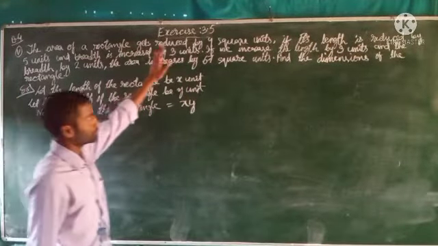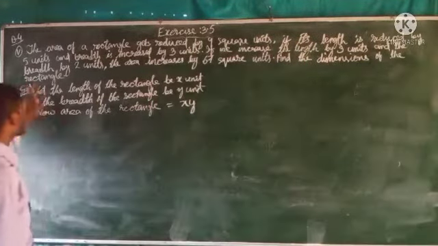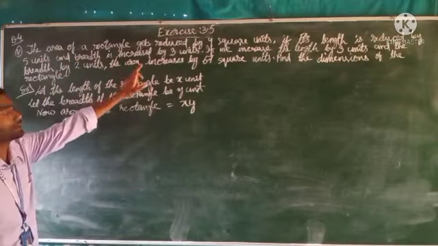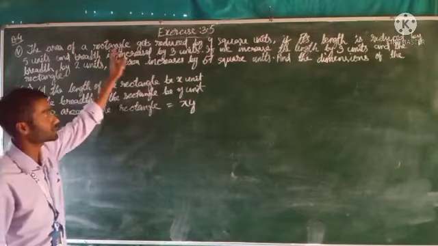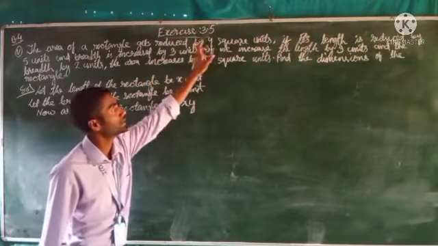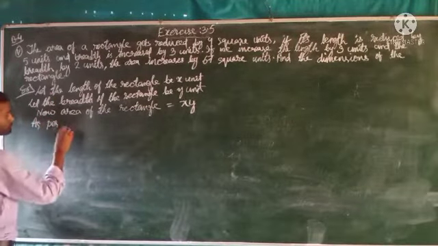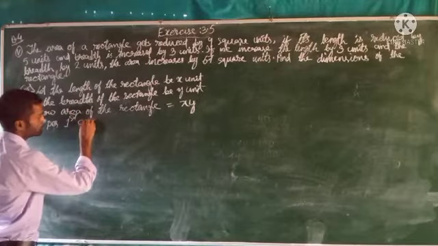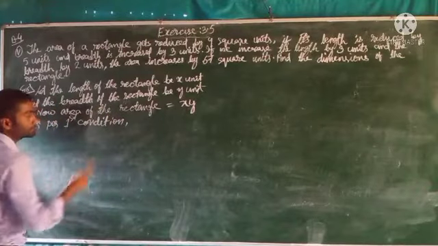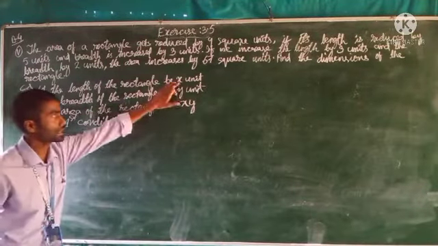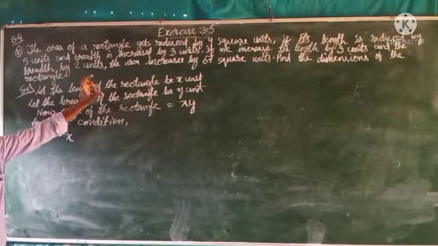Now we'll move on to the first condition, that is its length is reduced by 5 units and breadth is increased by 3 units. When this happens, then what happens to the area of the rectangle? That is, it is reduced by 9 square units. Now as per first condition, length is x, again what happens to that length?